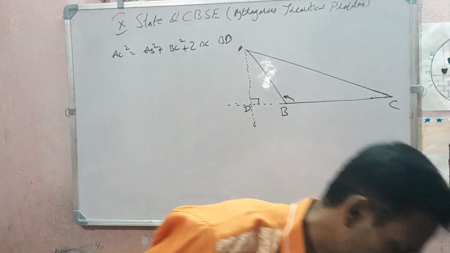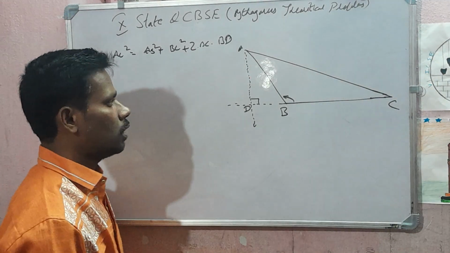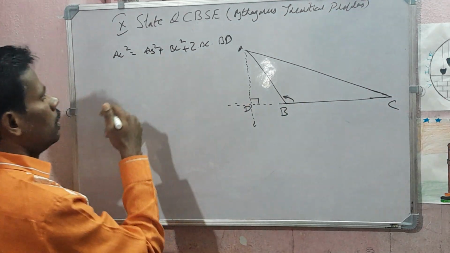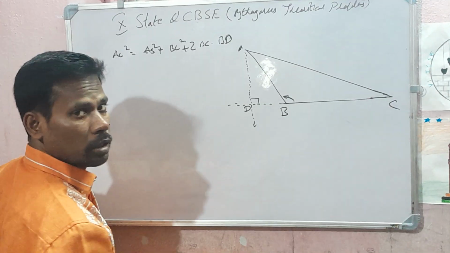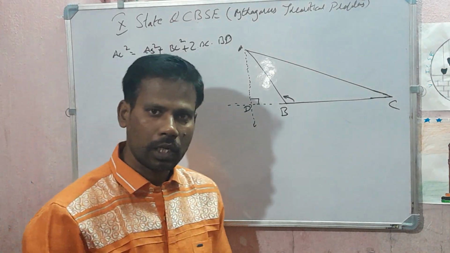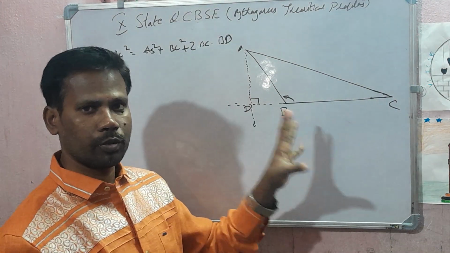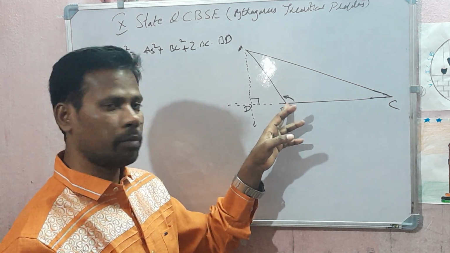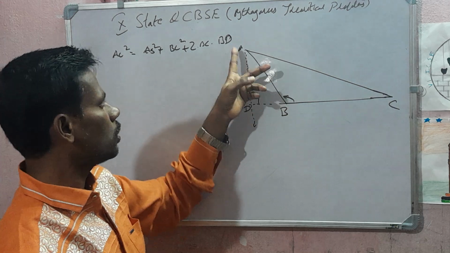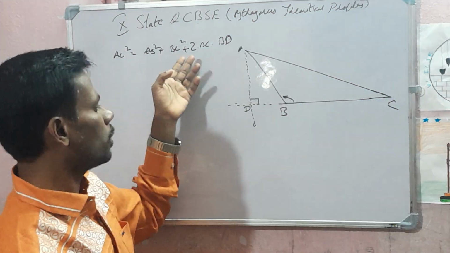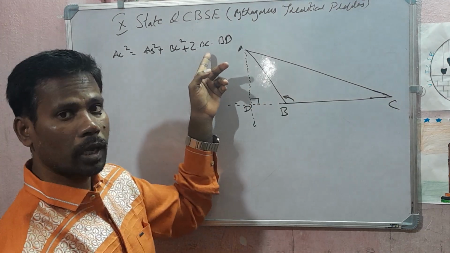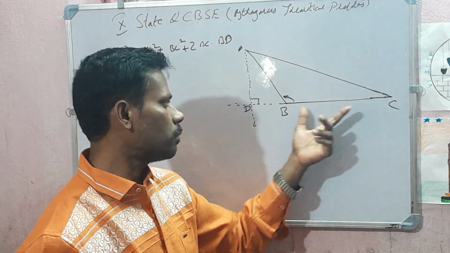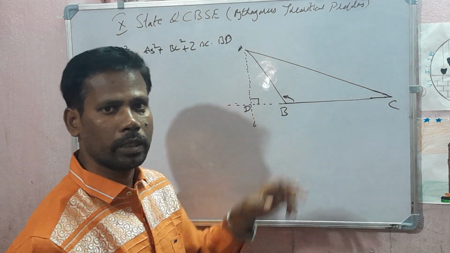Very simple question, easy to understand, nothing tough in this problem. Just apply Pythagoras theorem. So AC square is equal to AB square plus BC square plus twice the product of the parts of the bases, that is BC into BD.